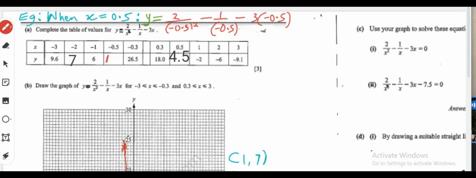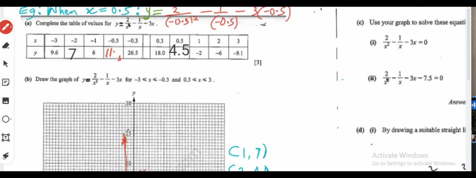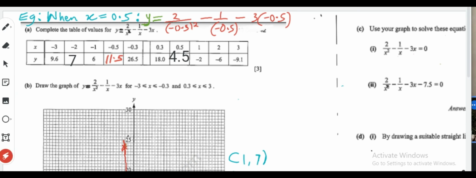Okay, this should be 11.5. Are you ready? The question says complete the table of values of y equals 2 over x squared minus 1 over x minus 3x. When you are plotting this, you should be careful. Look at the one for x equals minus 0.5.